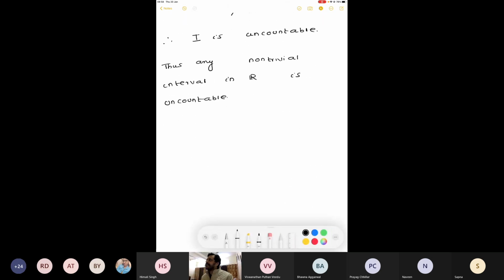So let us continue our endeavor. Our endeavor was to collect nice properties of outer measure. Let us continue with it. Next theorem.